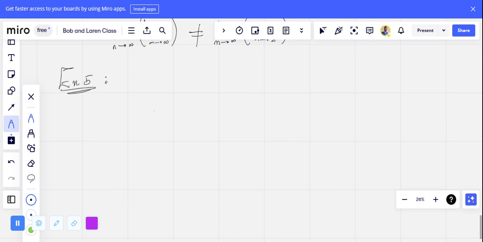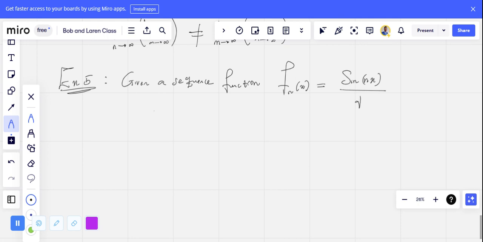So for the fifth example now, let's say we are given a sequence of functions f_n(x) equal to sin(nx) over the square root of n. This is the sequence of functions given to us.